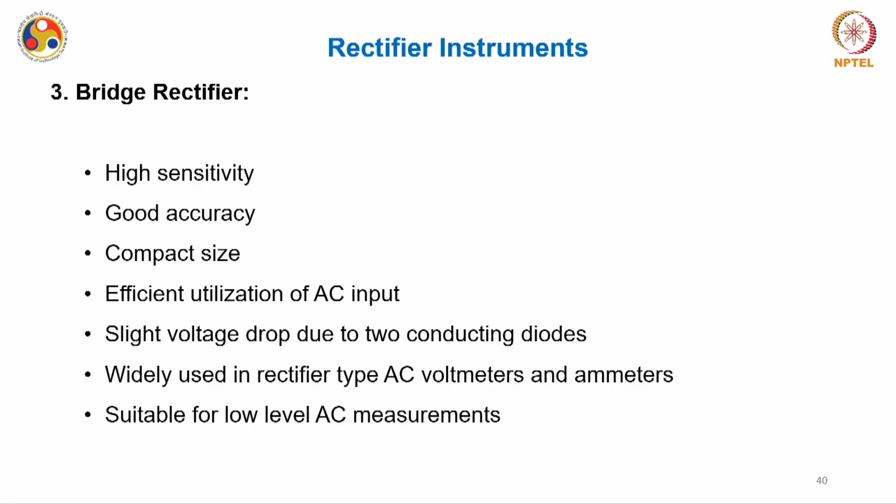They have a slight voltage drop due to two conducting diodes in one direction, and they are widely used in rectifier type AC voltmeters and ammeters, and they are suitable for low level AC measurements.